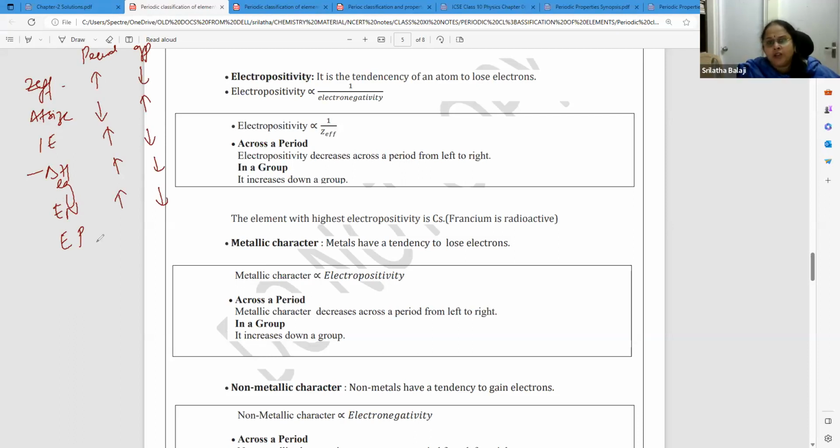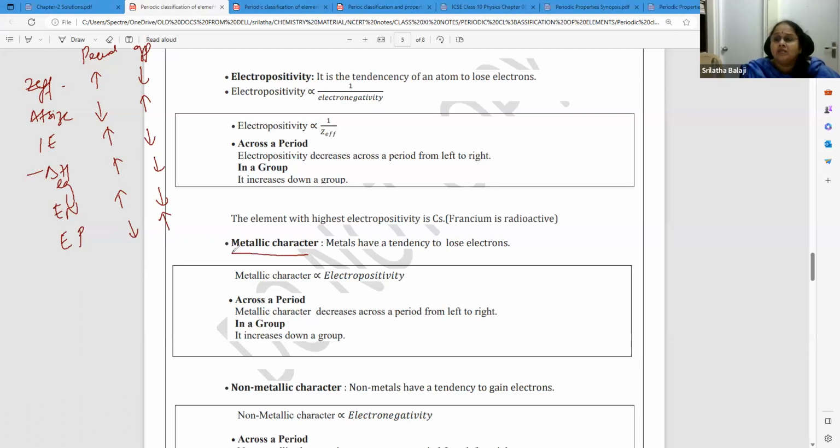And electropositivity is inversely related to electronegativity. The tendency to gain electrons is more across a period, so the tendency to lose electrons will be decreasing. It will be opposite of electronegativity. Clear?